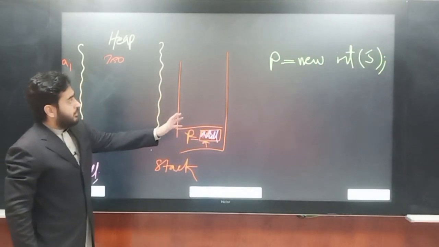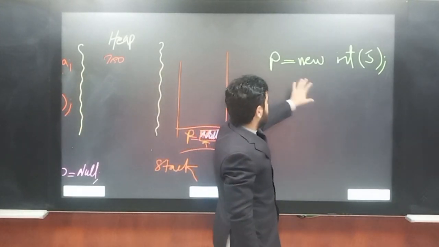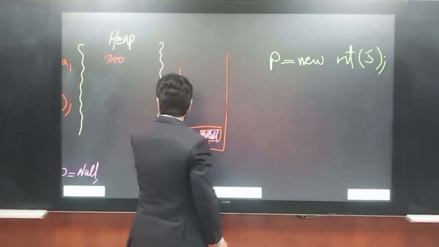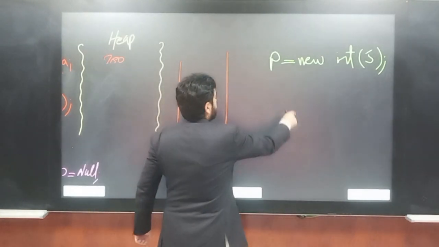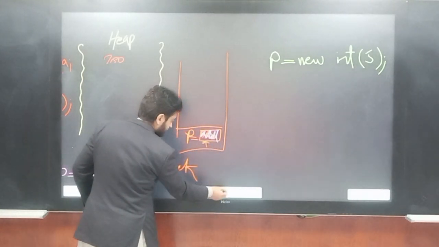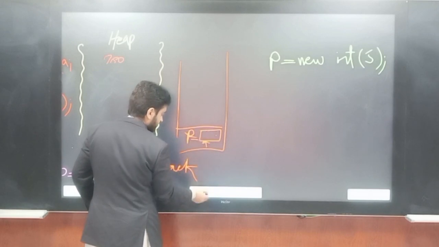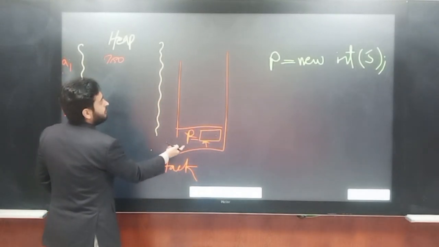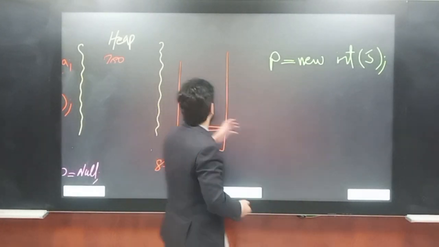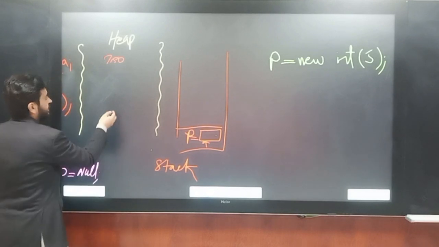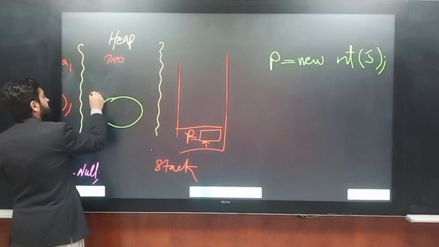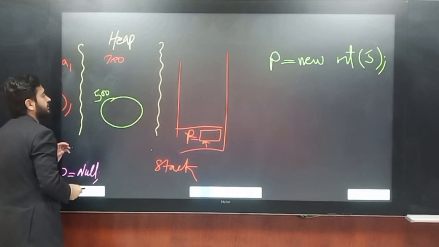In this way, you can assign a new object to the pointer P with some initialization of a value inside the constructor. So it means that this P shall now be pointing to a new object inside the heap created somewhere else, and the address of that object is now 500 or maybe some other.